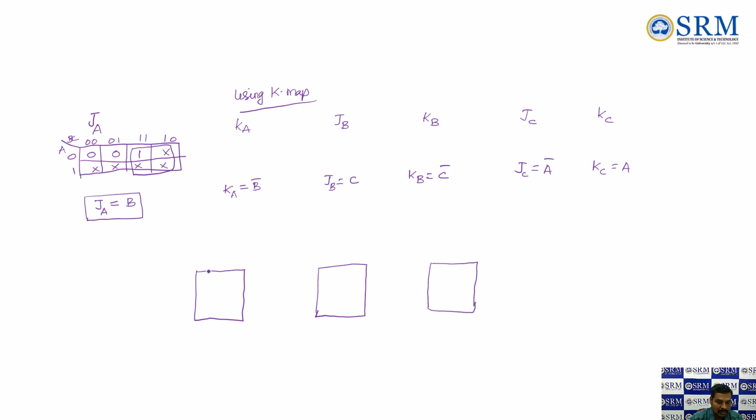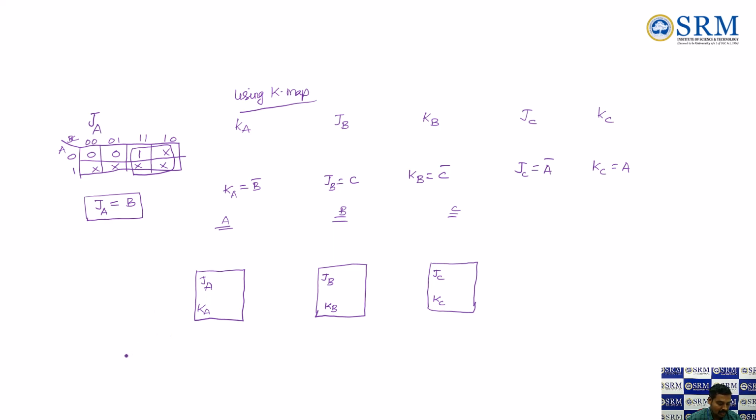So I'll write J, K for A; J B, K B; J C, K C. Right, these are the flip-flops. So this is the A flip-flop, this is the B flip-flop, this is the C flip-flop.